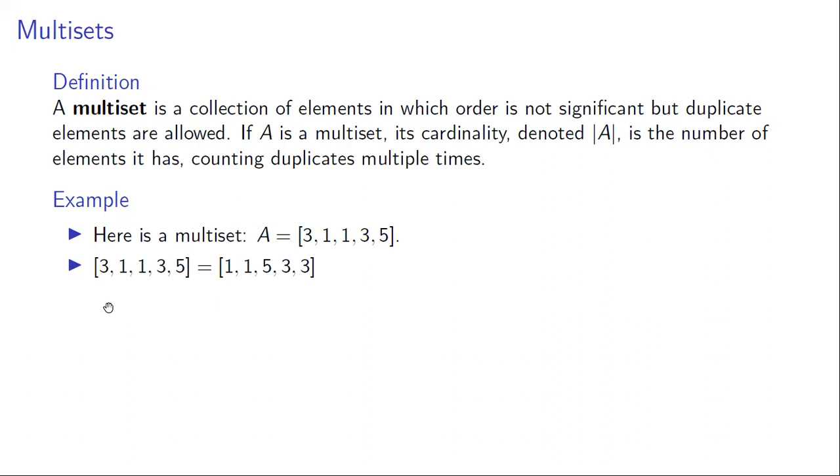To point out the idea that order doesn't matter, these two things are in fact the same multiset. This is equal to this, the order doesn't matter, as long as they have the same elements. The cardinality of A is 5, right? So we count the duplicates multiple times.